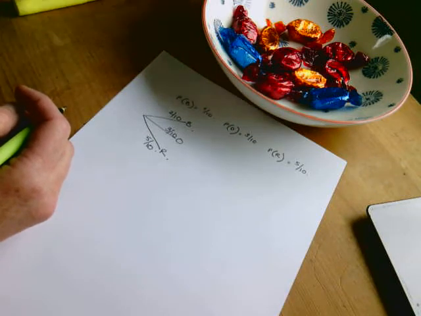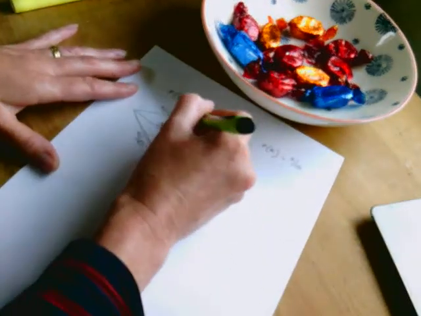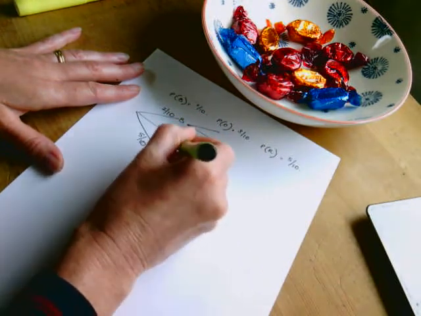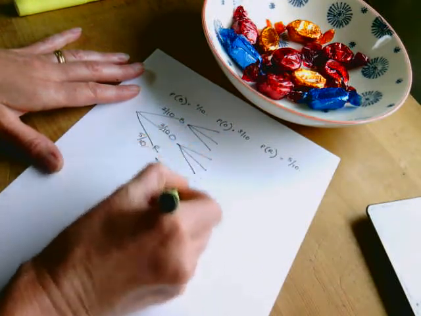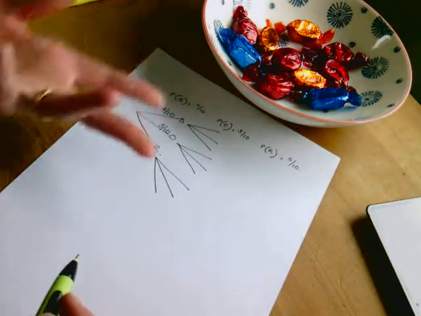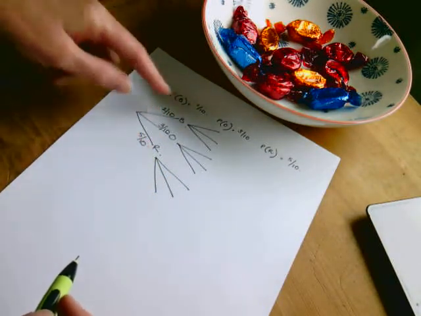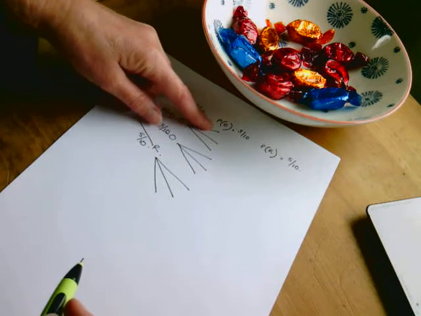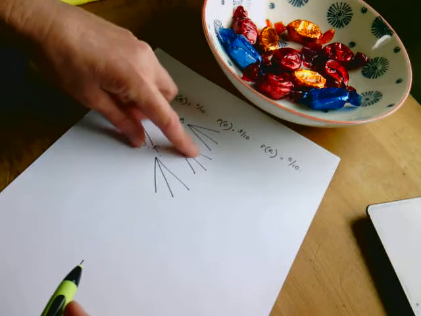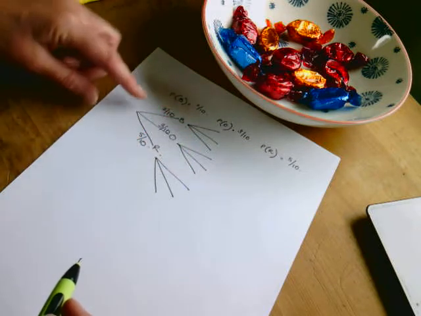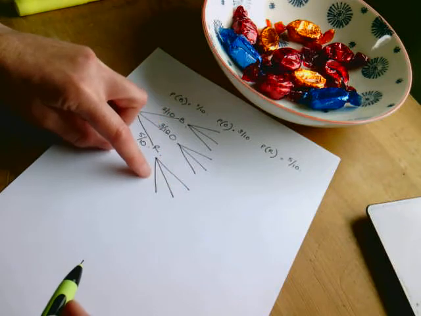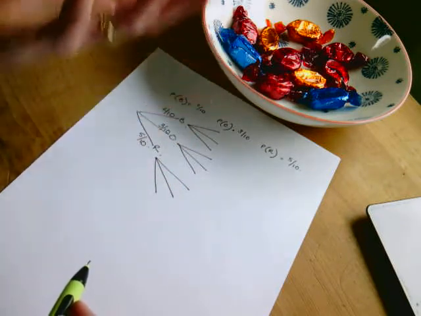So if I was to replace the sweet, I'm just going to add my 3 branches from each of these first branches, because second time round there's still 3 different possibilities. I could take a blue one and then another blue one, an orange one or a red one. I could take an orange one first and then each of the 3 colours, or I could take a red one first and then take blue, orange or red. So I've got all those different possibilities.